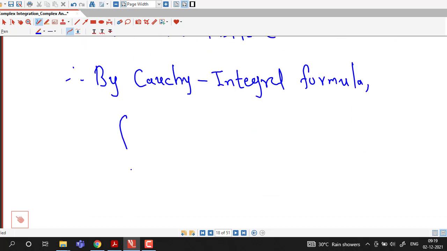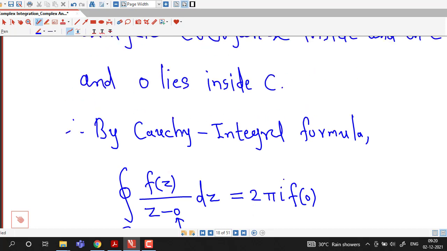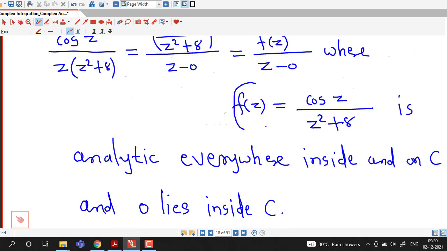So by Cauchy integral formula, the integral of f of z divided by z minus 0 along closed contour mod z equal to 2 will be equal to 2 pi I times the value of this function f of z at point z equal to 0. Now f of z is cos z divided by z square plus 8.